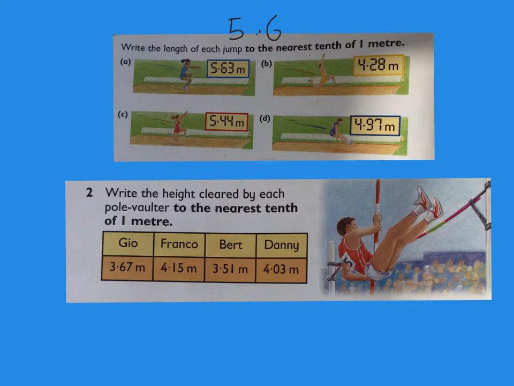So 4.20 or 4.30, but it's closer to 4.30, so you record your answer as 4.3. Okay, so the next one then, 5.44, so 5 metres, 44 centimetres, and is that closer to 5.4 or 5.5? Well, because it's lower than 5, you round down, so it's 5.4 metres.